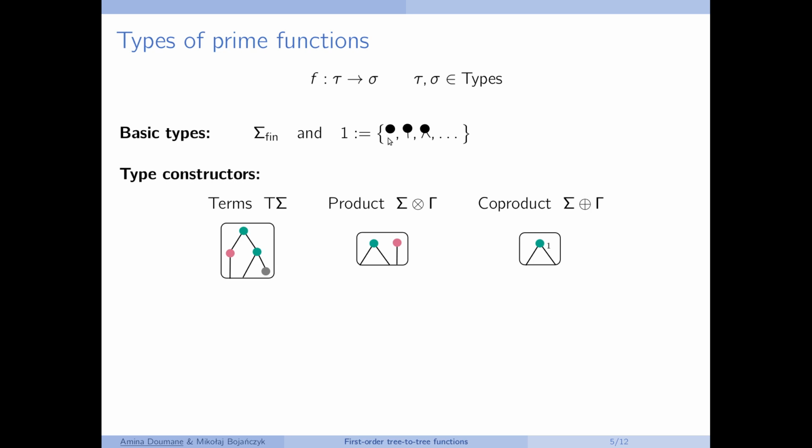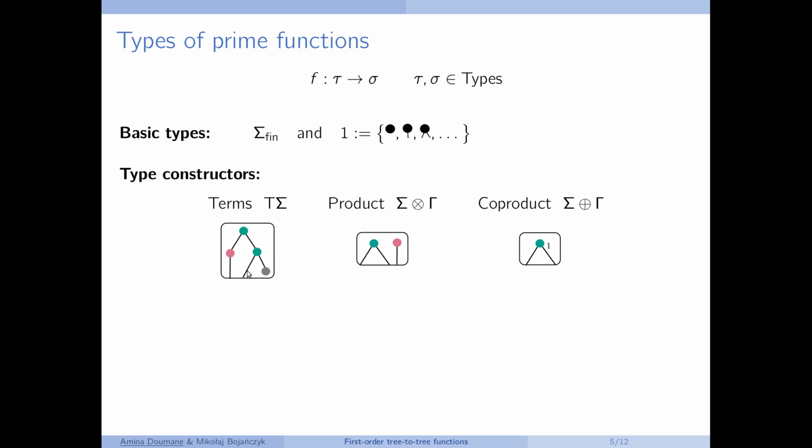So this is an element of arity 0, of arity 1, etc., etc. And we have some few type constructors. The most important one is the constructor T of terms. So the inhabitants of T sigma are almost trees over the ranked set sigma, at the exception that these trees can have dangling edges.